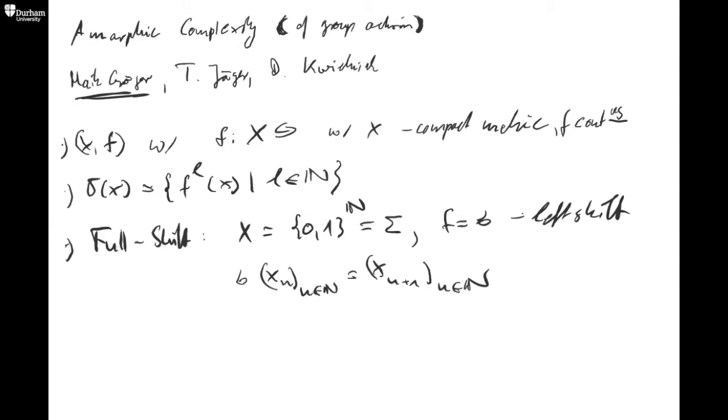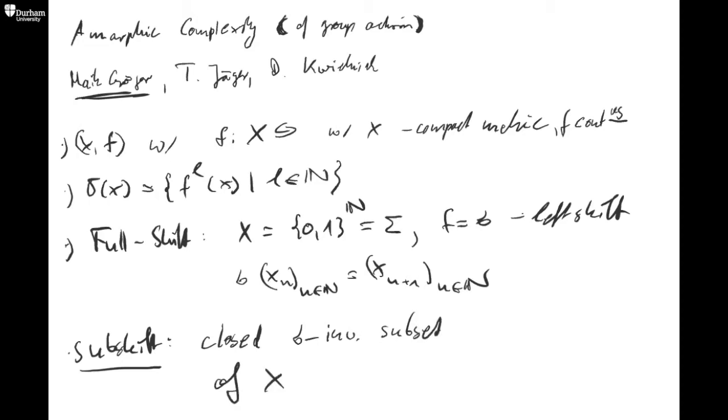We won't look at the full shift really, but rather at subshifts. So what is a subshift? Any closed sigma-invariant subset of X, say Y, we call a subshift, or also the pair Y equipped with the left shift sigma.